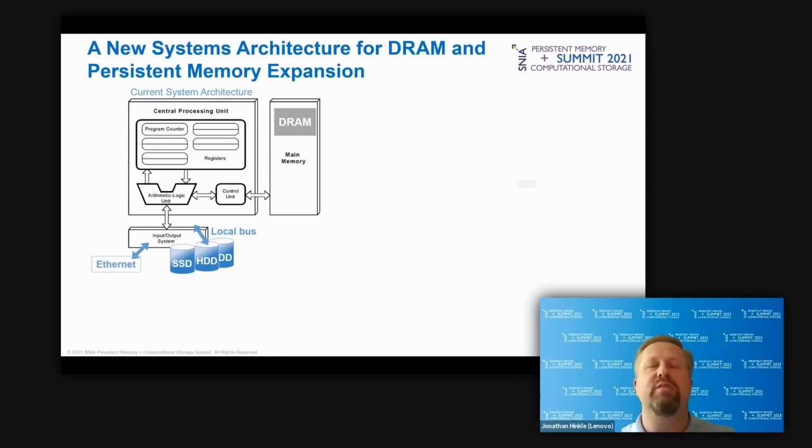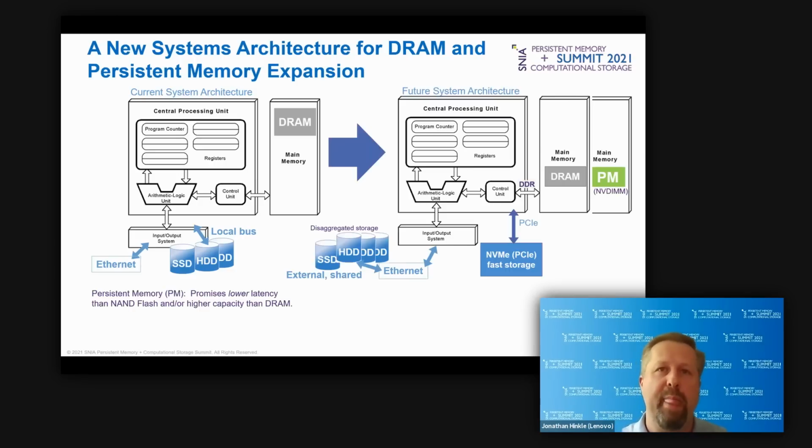Well, we have to look at new systems architecture to be able to do that. We have to look at not just what's a new way that we can attach with the same slots, but also how can we attach with new interfaces and existing bays. So coupling those together.